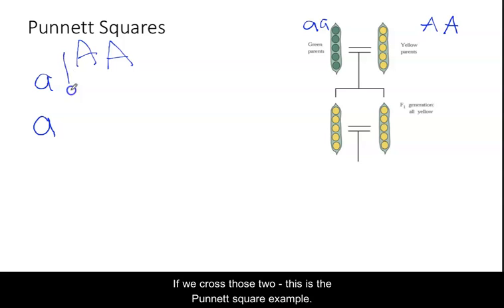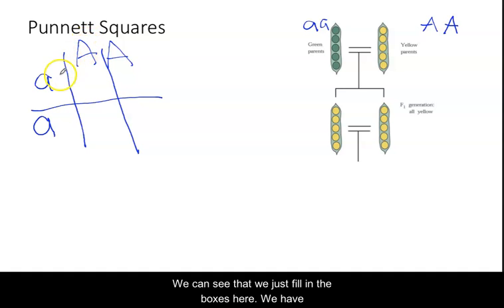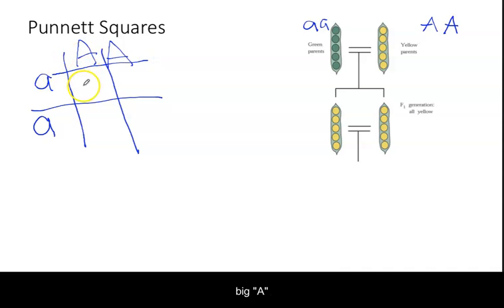If we cross those two, this is the Punnett Square example, we can see that we just fill in the boxes here. We have a big A and a little a, and we keep doing that. Big A, little a.